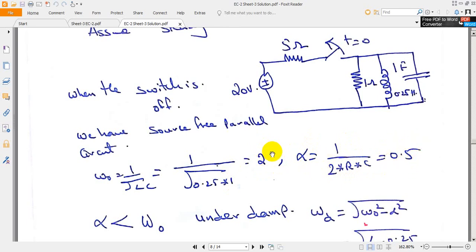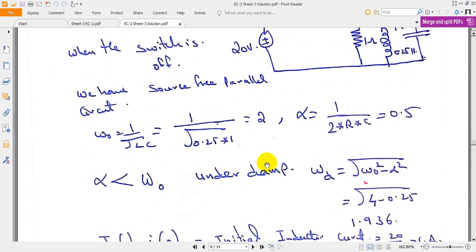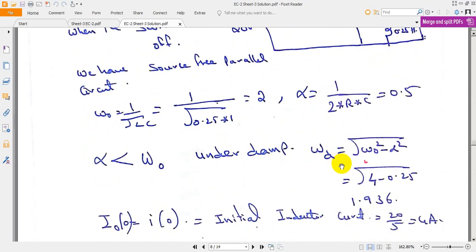If we observe, the alpha value is less than omega naught, or we can write omega naught is greater than alpha. Hence, the situation is underdamped. When the circuit is underdamped, we need to evaluate omega d.